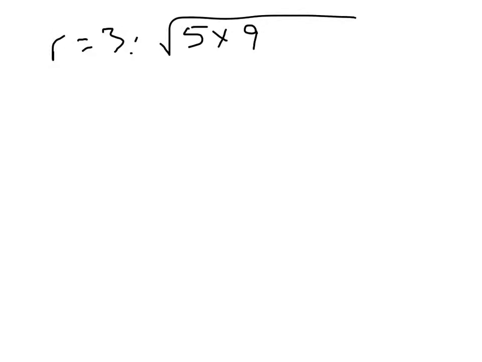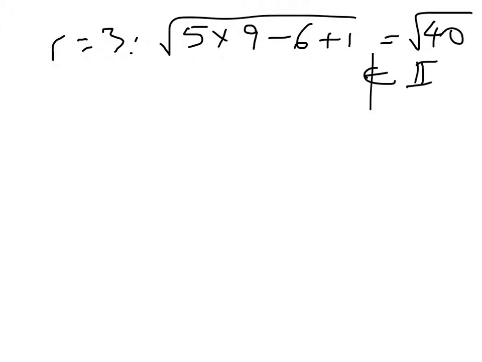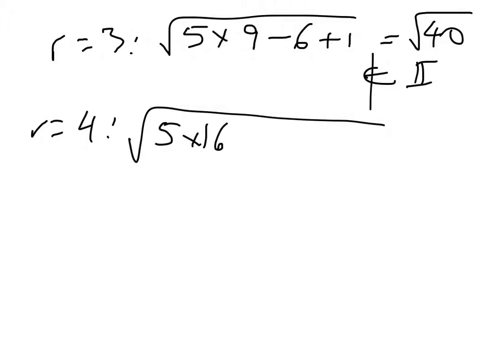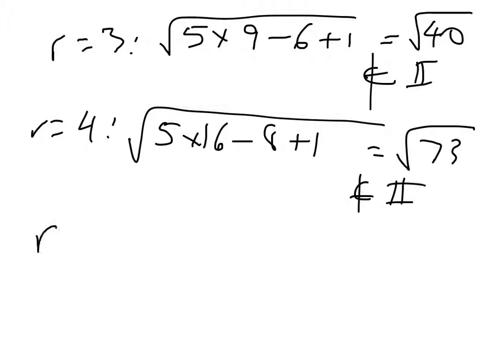Next slide. So r equals 3, 5 times 9 minus 6 plus 1 gives the square root of 40, so that's not going to work. r equals 4, we get 5 times 16 minus 8 plus 1 gives me the square root of 73, also not an integer solution. r equals 5, so we're feeling quite bad at this point.